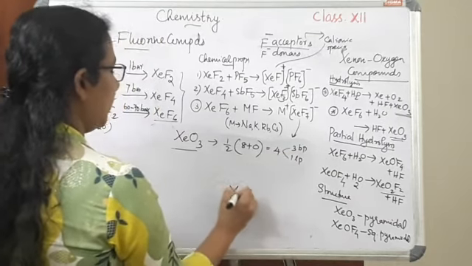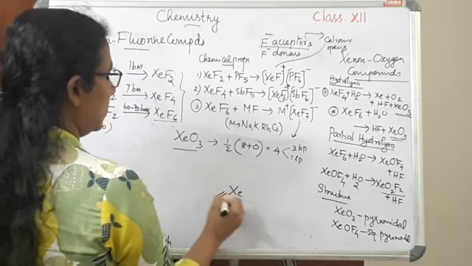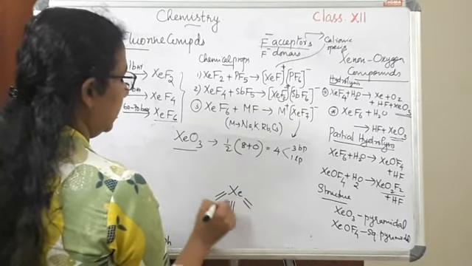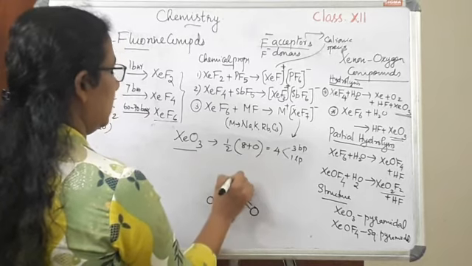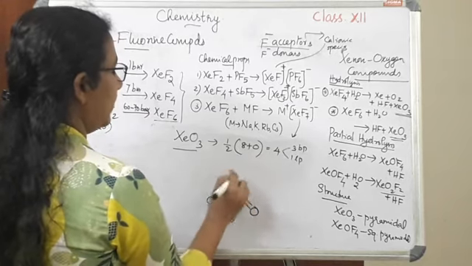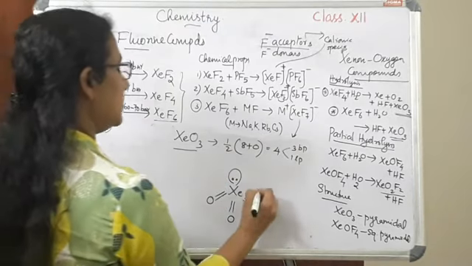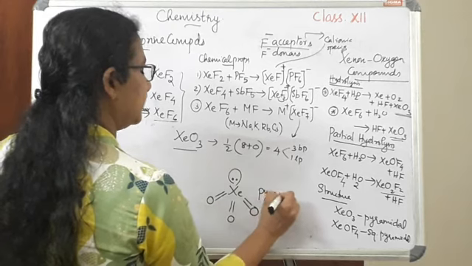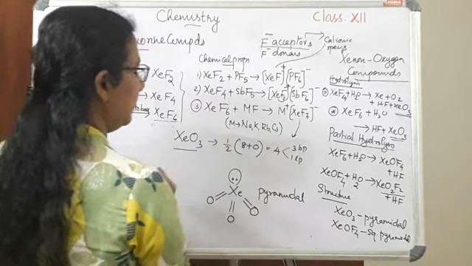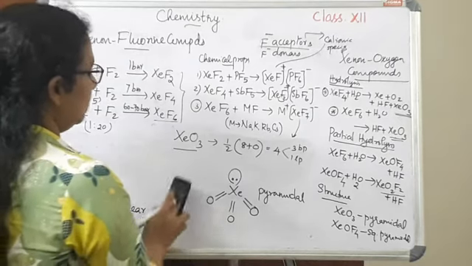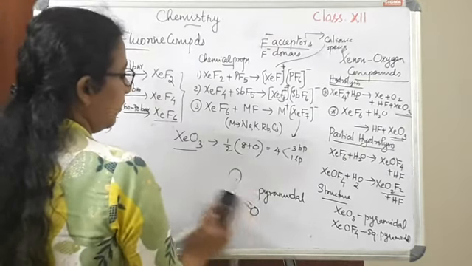In the case of oxygen, we know it is connected with a double bond. So 3 bond pairs and 1 lone pair. This is the structure. So this is pyramidal. This is called a pyramidal structure. So this is XeO3. Now let us draw XeOF4.